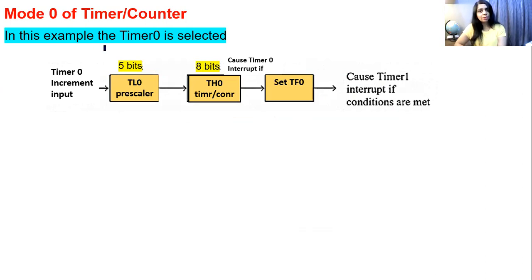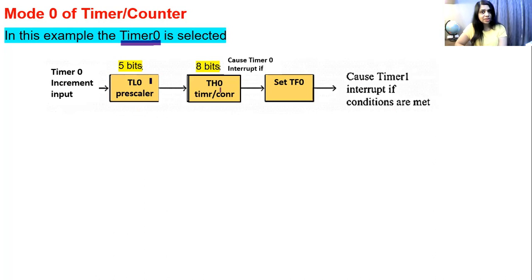Now in this example, timer 0 is selected. The same is applicable for timer 1. We are considering only timer 0. So the circuitry will be something like this: timer 0 increment output, because we are considering timer 0. In mode 0, we are using TL0 and TH0, where TH0 is the higher byte of timer 0 and TL0 is the lower byte of timer 0.